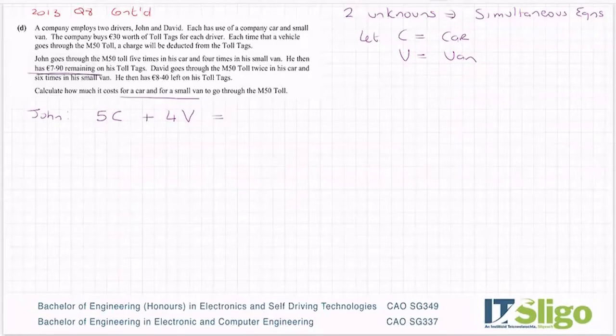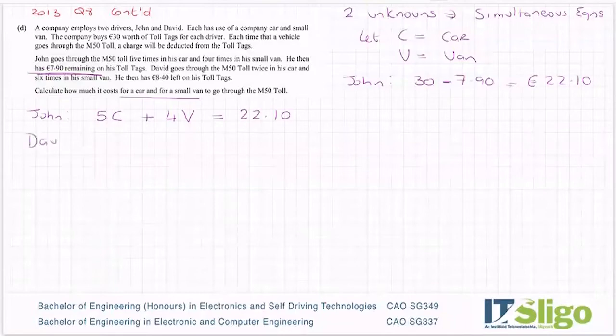It told us what was remaining. So for John, I need to go 30 euros minus what change he has left, and I've got 22 euros and 10 cents. So that's how much John has spent if he has 7.90 left. So 22.10.